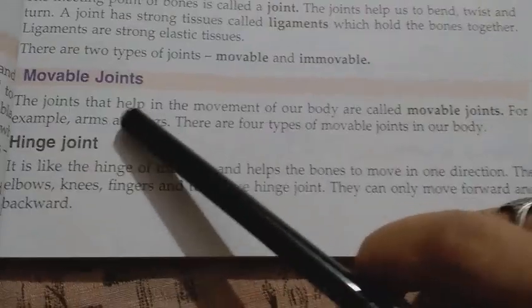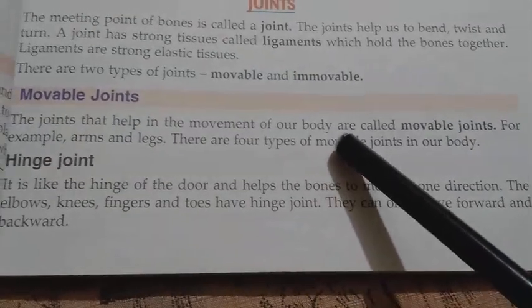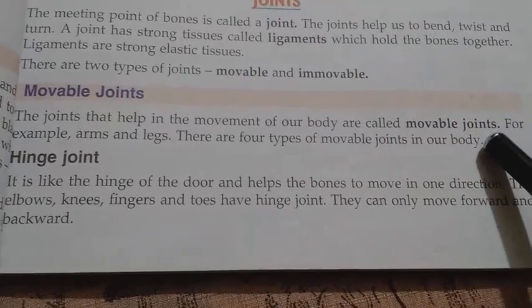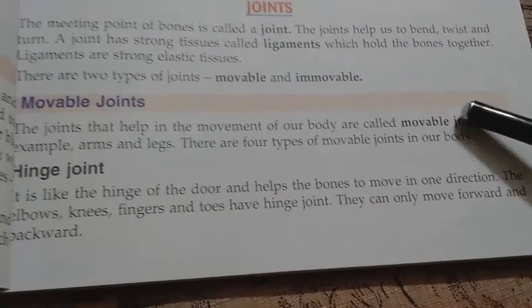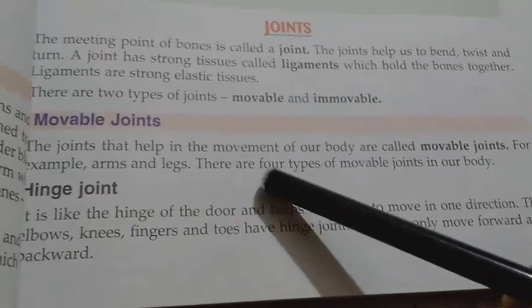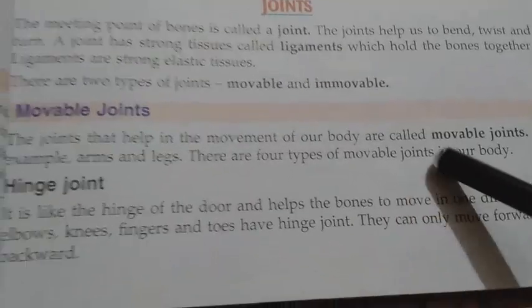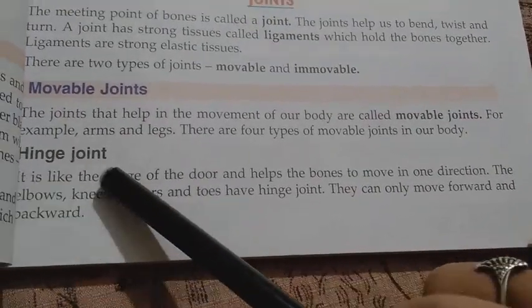The joints that help in the movement of our body are called movable joints. The joints which we can move are called movable joints, for example, arms and legs. There are four types of movable joints in our body. First is the hinge joint.